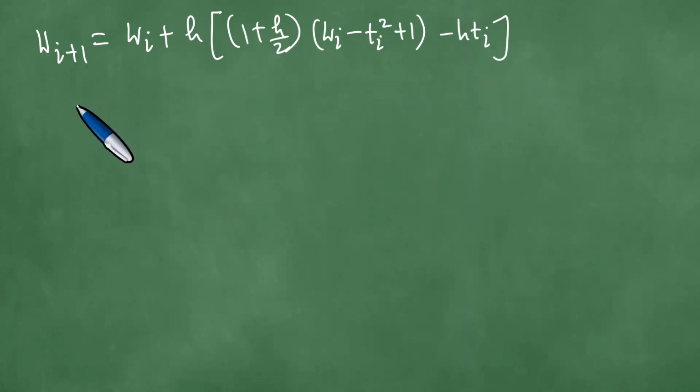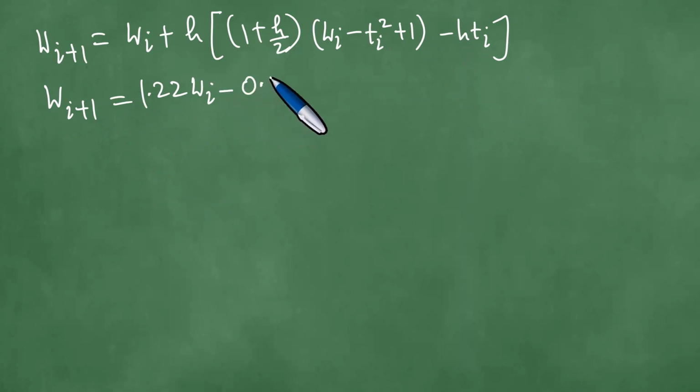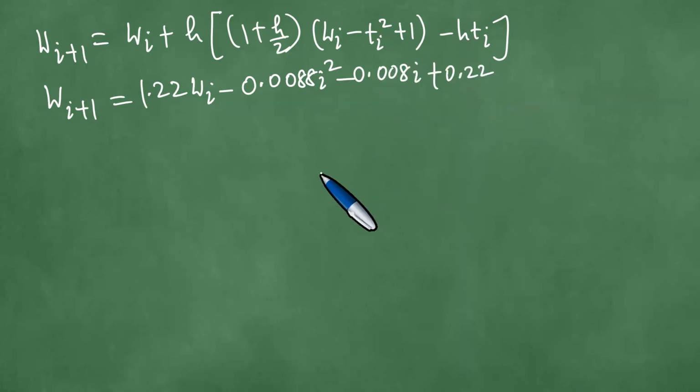So now w(i+1) is 1.22 wi, 0.008 i squared minus 0.008 i plus 0.22.